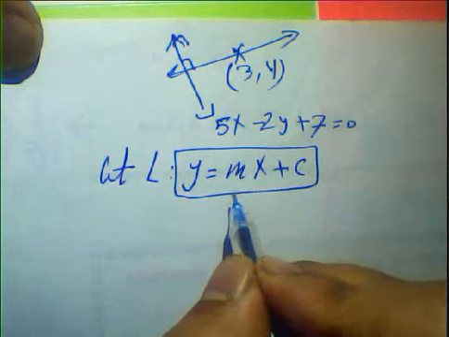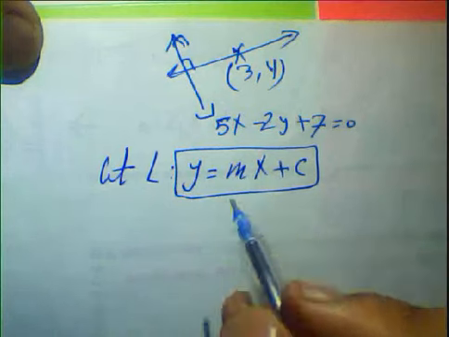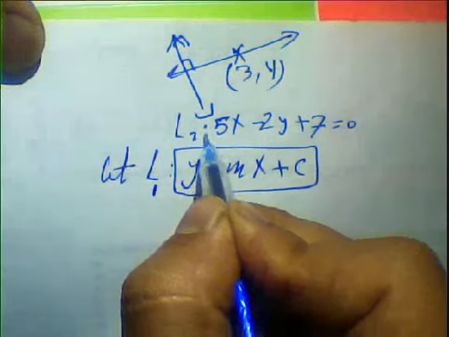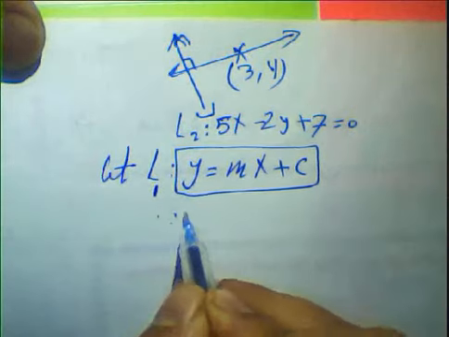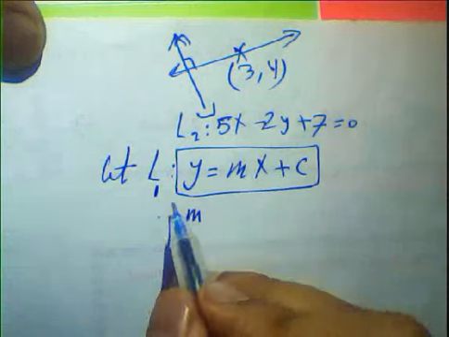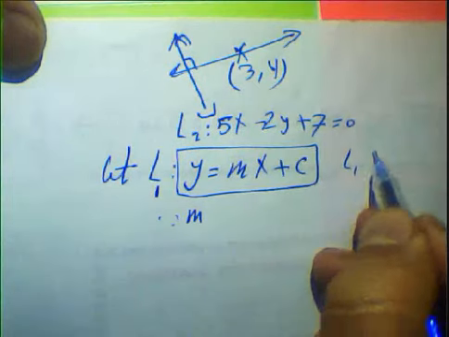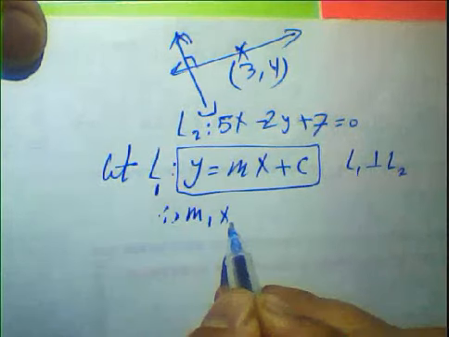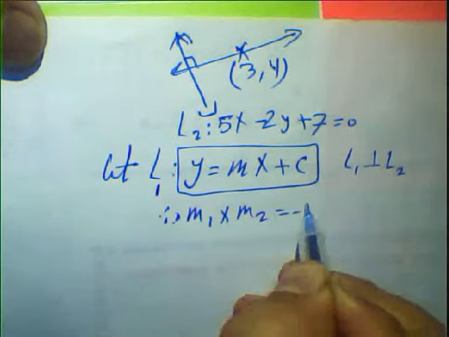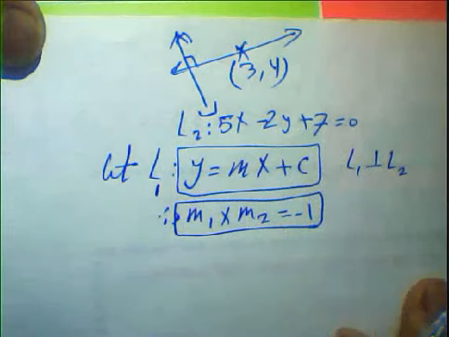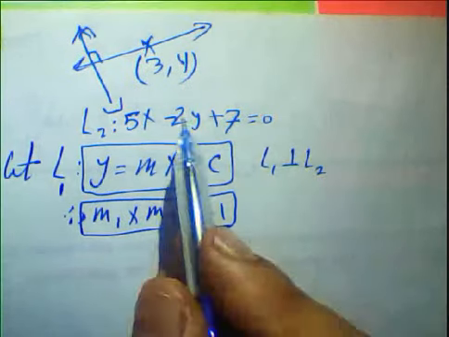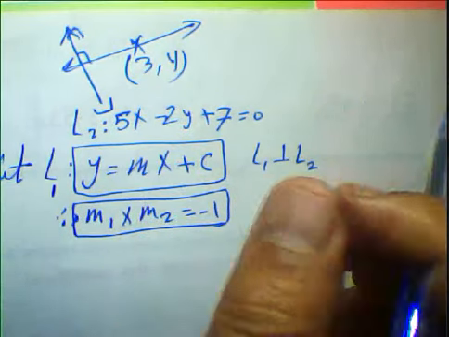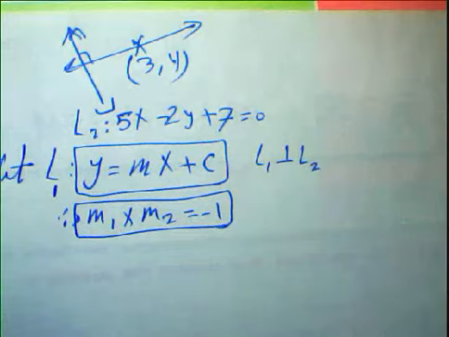So we can find the m here about it was L1 and it was L2, okay, such that relation about m1 and m2, it was perpendicular, L1 perpendicular to L2, then m1 multiplied by m2 equal negative 1. So we must find m1 about m2 about line L2 straight line here, L2.